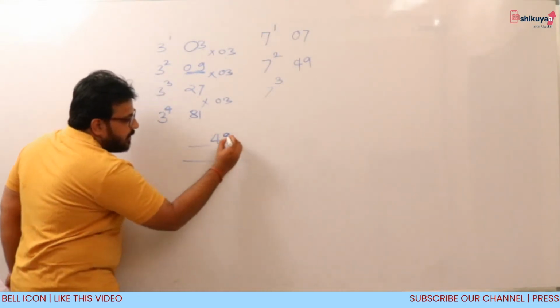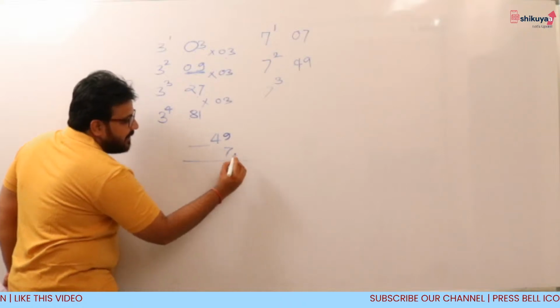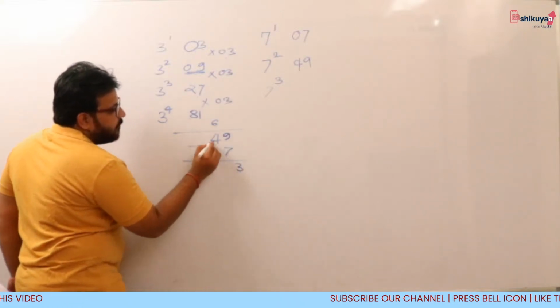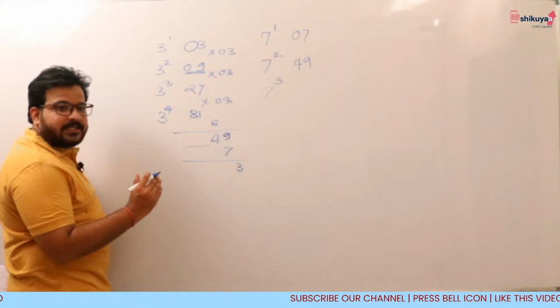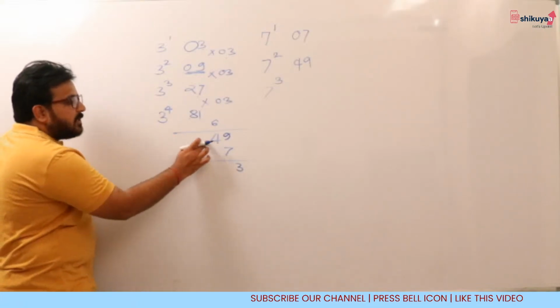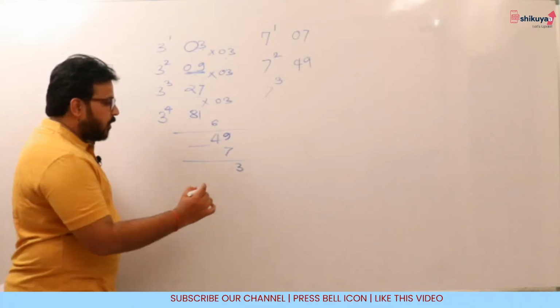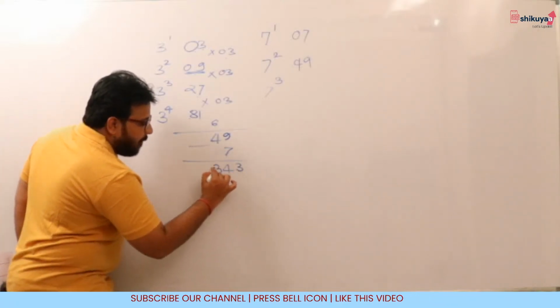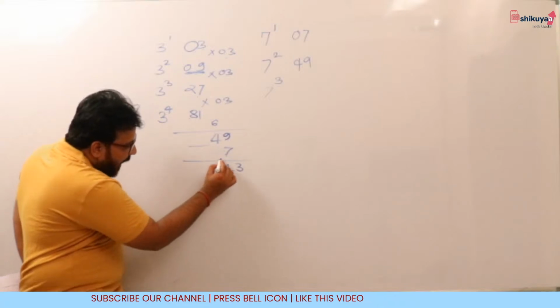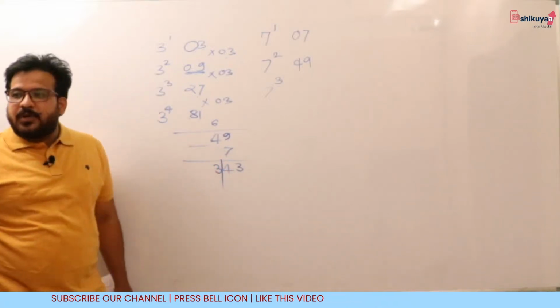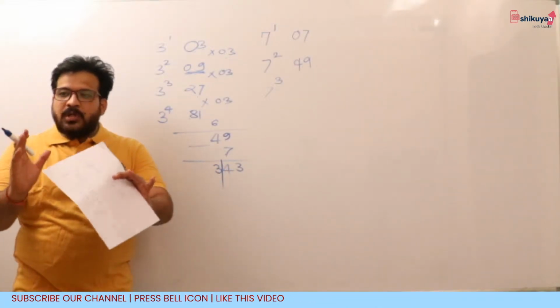So let's look at it. 9 7s are 63, 3, 6 carry. 7 4s are 28 plus 6, so 28 plus 2 is 30, plus 4, 34. But as I told you, I am only concentrating on the last two digits. My focus is only on the last two digits.